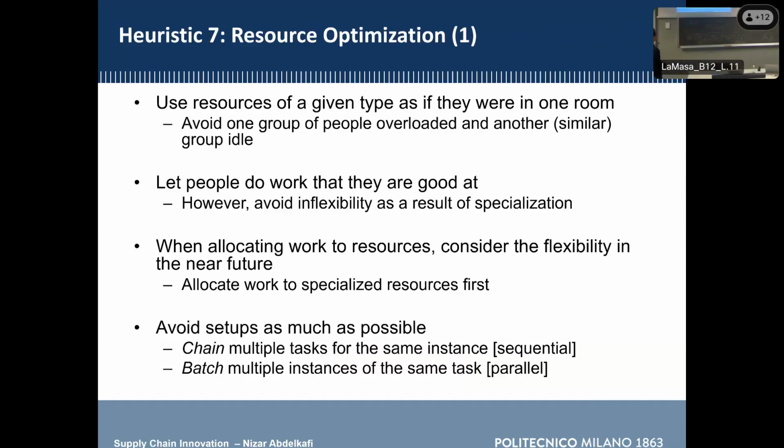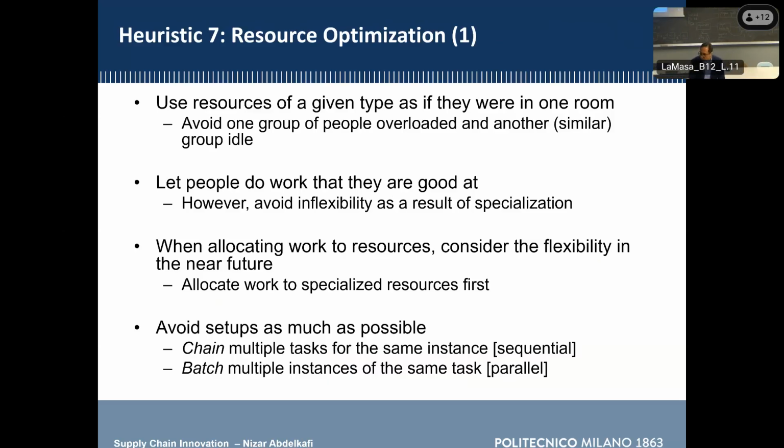So resource optimization. It's very evident. We need to optimize things, use resources of a given type as if they were in one room. Avoid one group of people being overloaded while another similar group is idle. For example, let's say you have 2 call centers, one in Milan and one in Turin. The claims coming to the call center of Milan are much more than the claims coming into the call center of Turin.